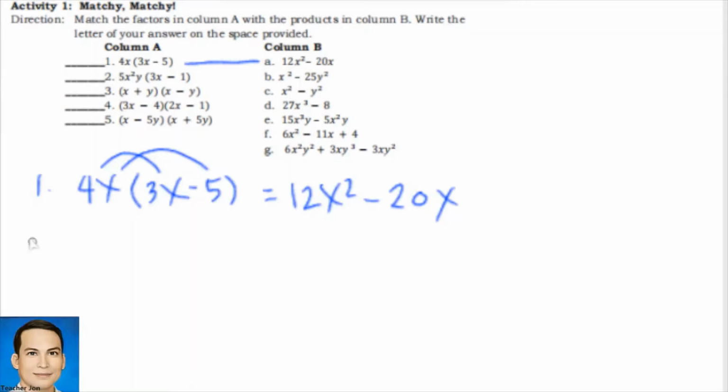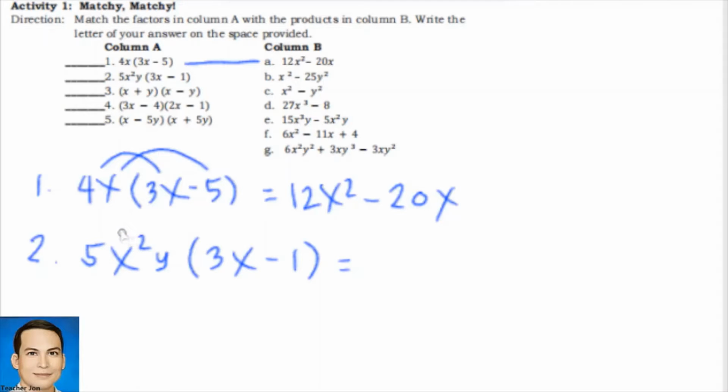So number 2 is the expression 5x squared y multiplied to the quantity 3x minus 1. Again, the same principle.